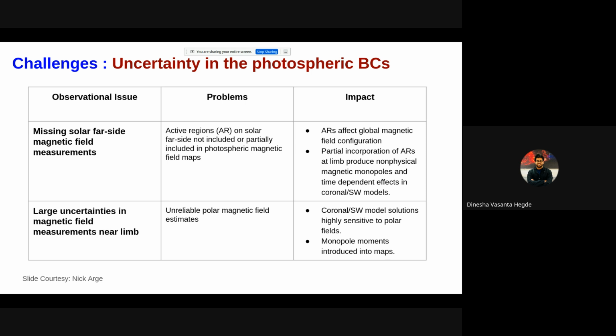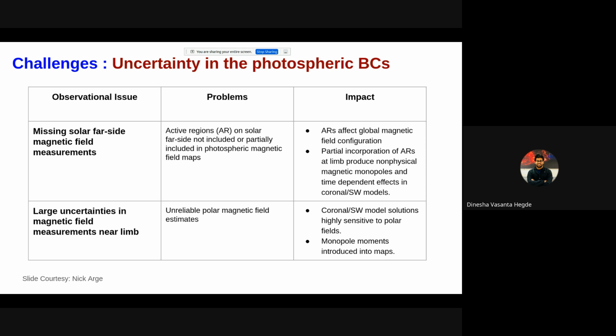That means we need global photospheric maps even with a small temporal cadence rather than 27 days, due to its importance in solar dynamics. As we all know, within 27 days a lot of things change, and that affects the inner boundary, and so the corona, and that affects the solar wind.